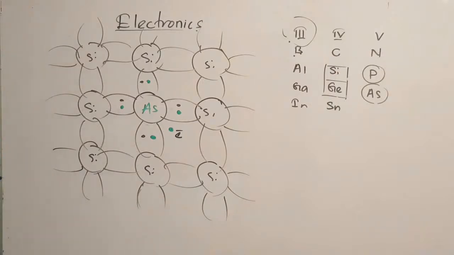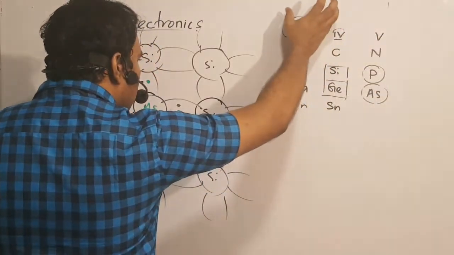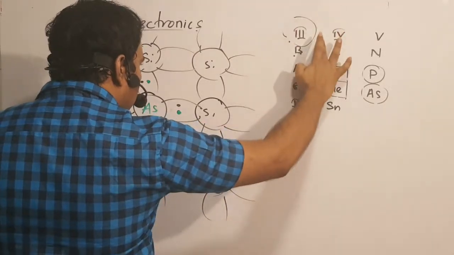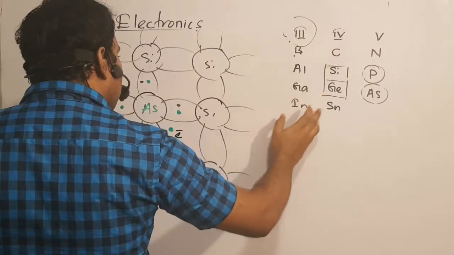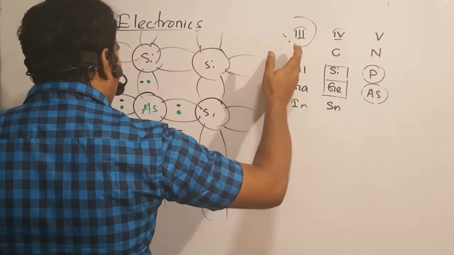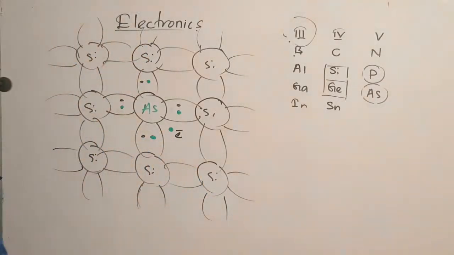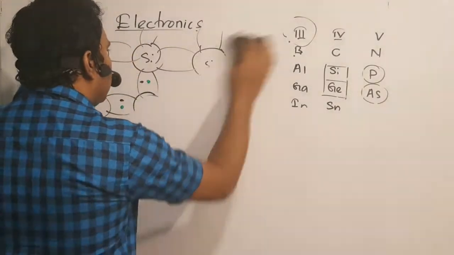N type of extrinsic semiconductors can be produced by doping fifth group elements, and P type of extrinsic semiconductors can be produced by doping third group element atoms like boron, aluminium, indium. So that's the way. And a basic concept occurs by using that.